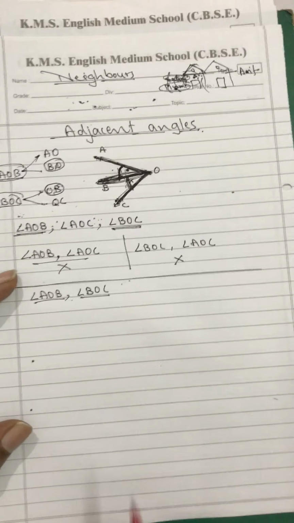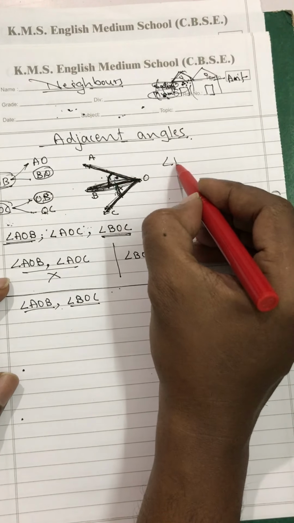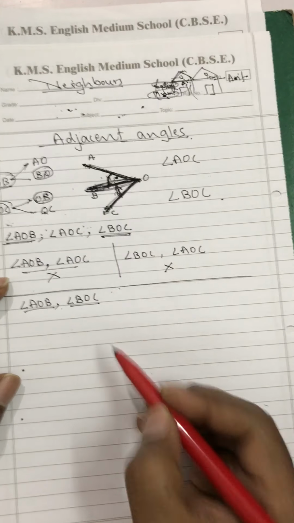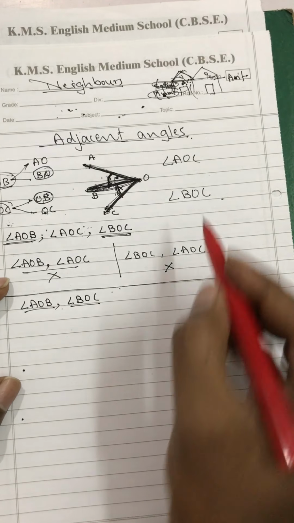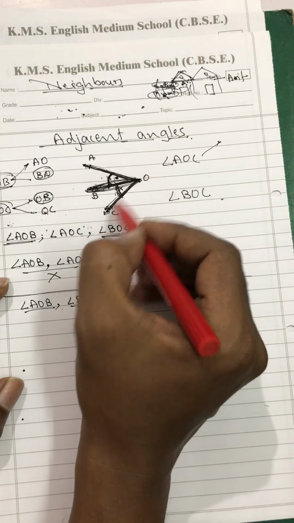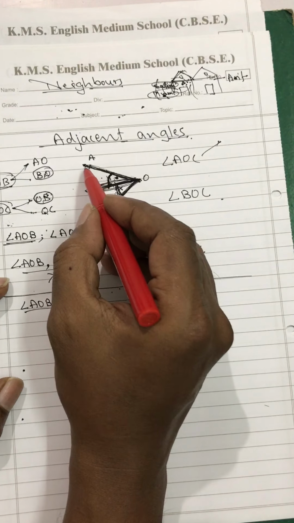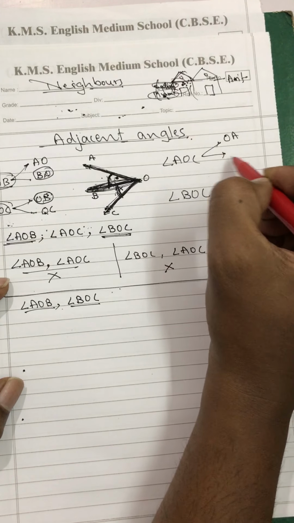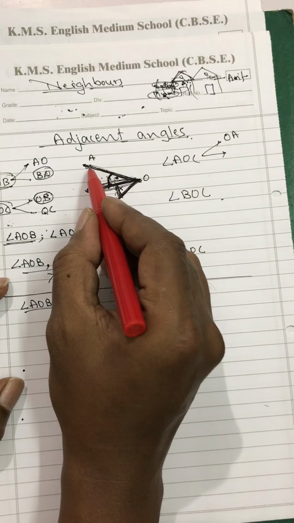Now, if I talk about angle AOC and angle BOC, the arms of angle AOC are OA and OC, right?